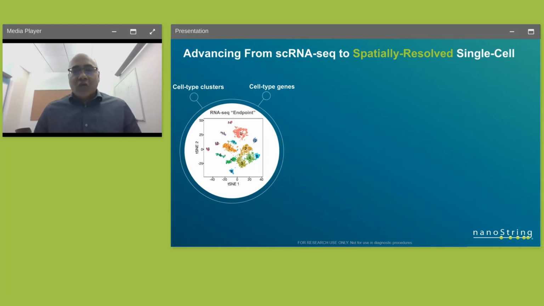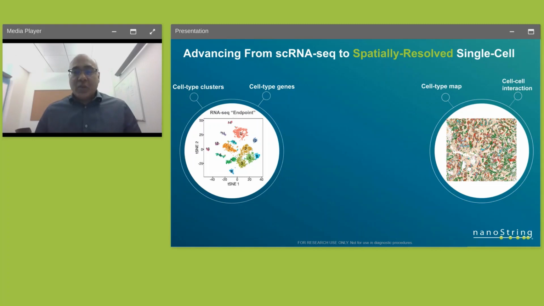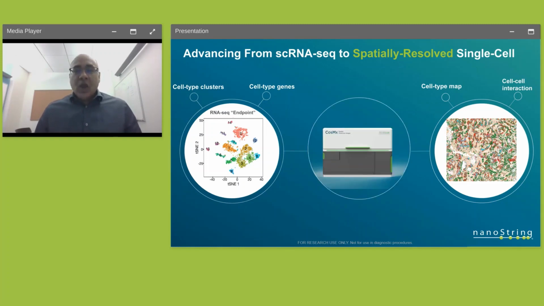Now, we are all well aware of single-cell RNAseq technology. It's a good technology. At the end, it yields cell types as well as genes associated with different cell types. But what it cannot provide is the information about where these cell types are located and how they are interacting with each other. And that's where CosMx comes into play. CosMx fills that gap and enables analysis of both.